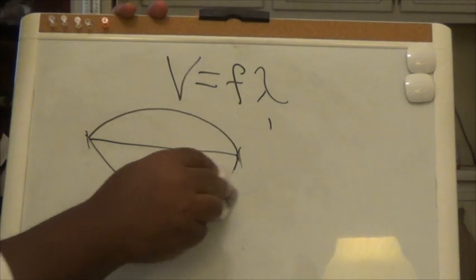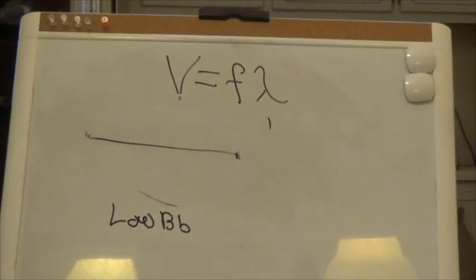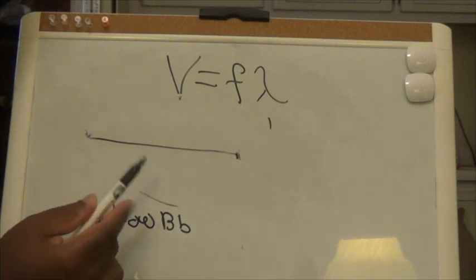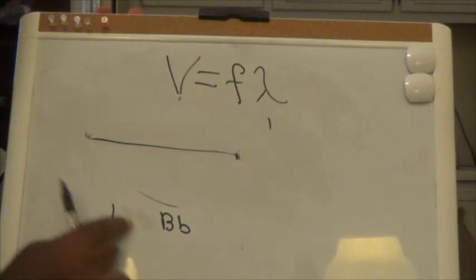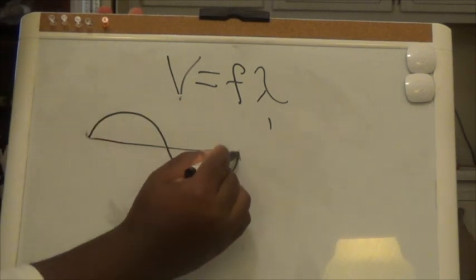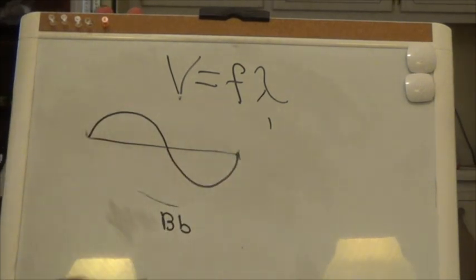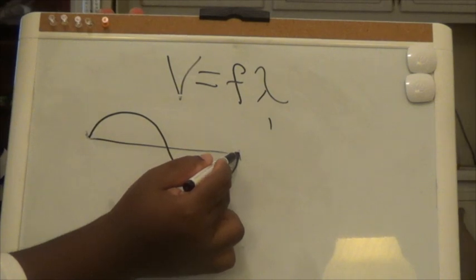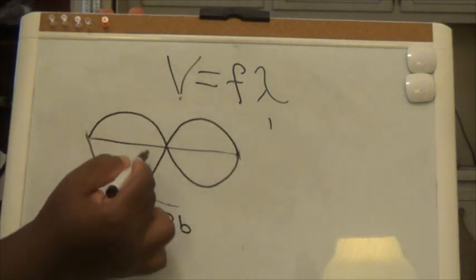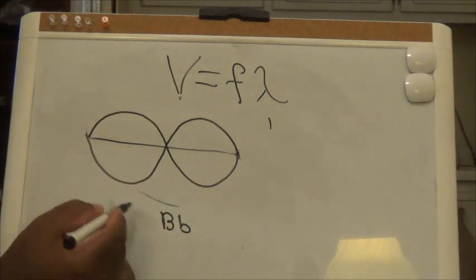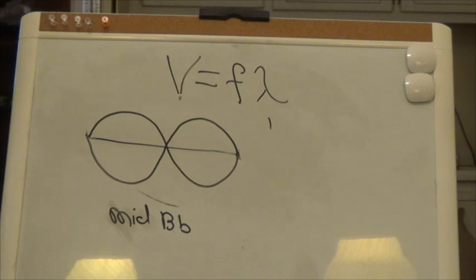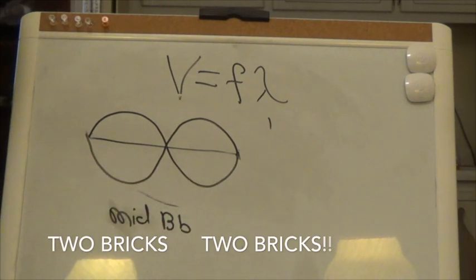If we keep this length exactly the same, when we play a low B flat and then overblow to middle B flat, this happens to the wave. Then it hits this point, it reflects back, equal in magnitude, opposite in direction. So now we've got middle B flat, which is 2 bricks.